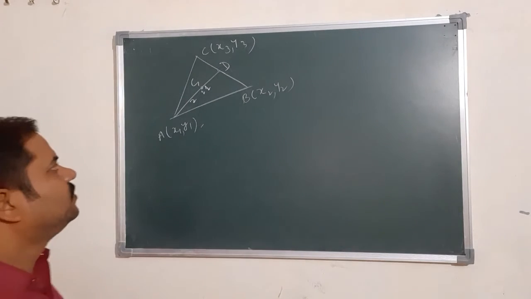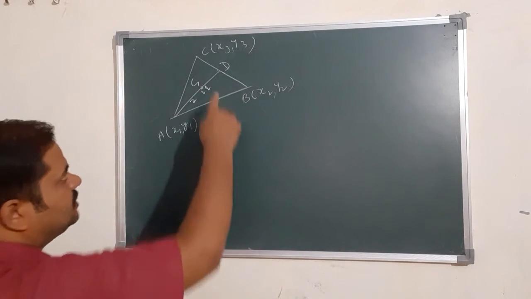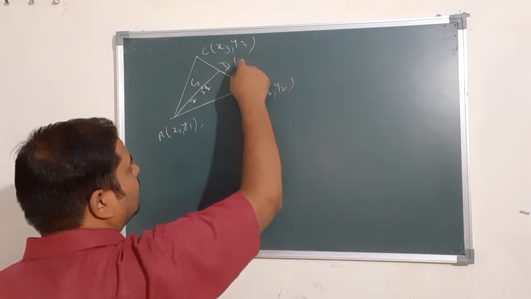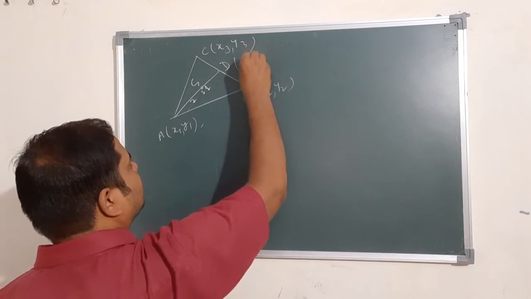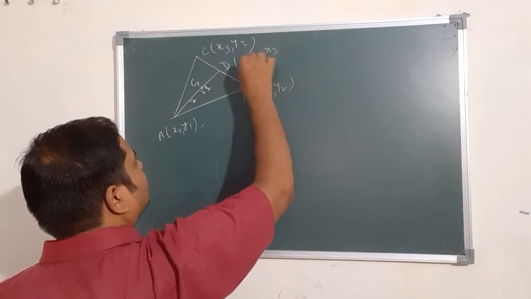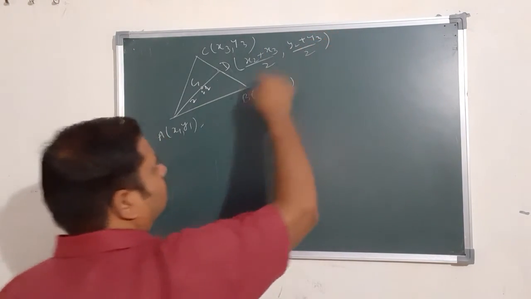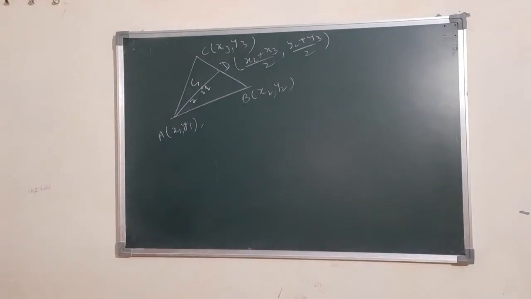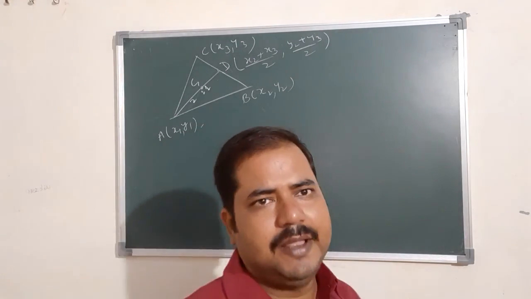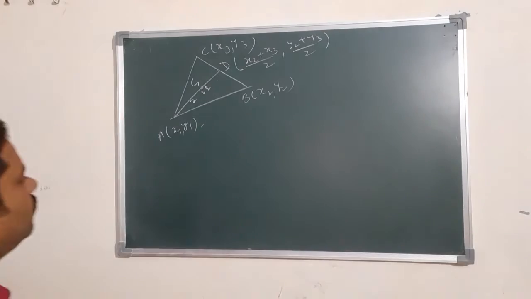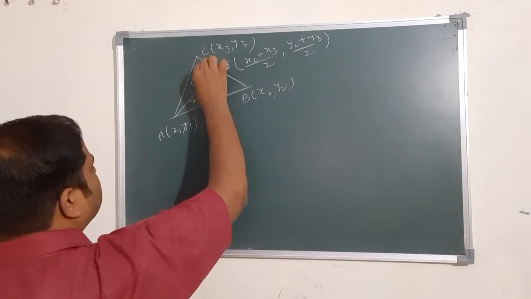Okay, if D is the midpoint, then x2 plus x3 divided by 2 and y2 plus y3 divided by 2 is the coordinate of the point D, since D is the midpoint. So what is the coordinate of the centroid? Suppose it is x, y.